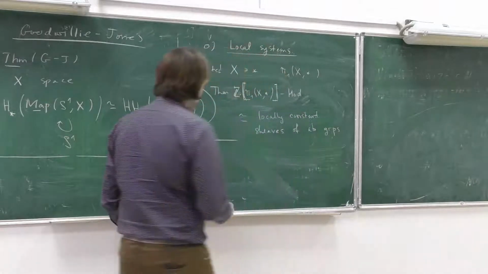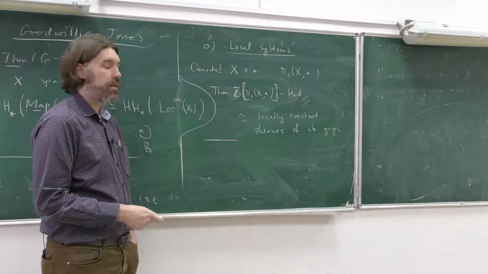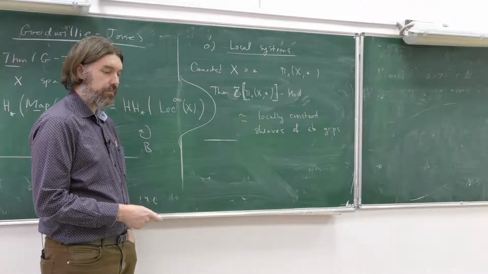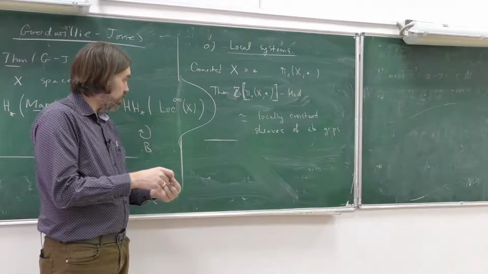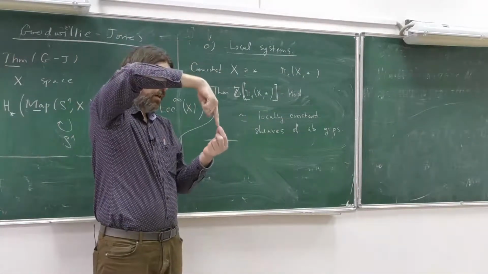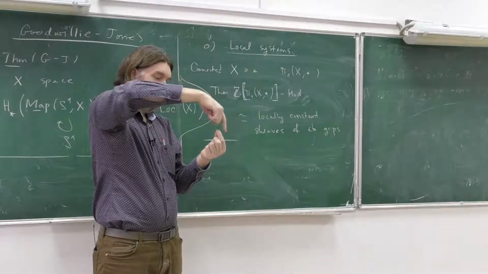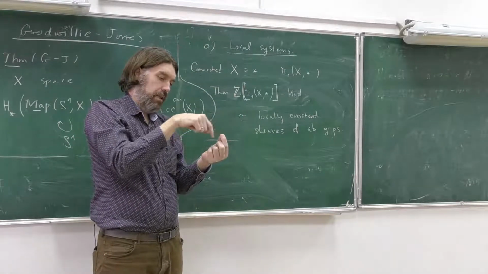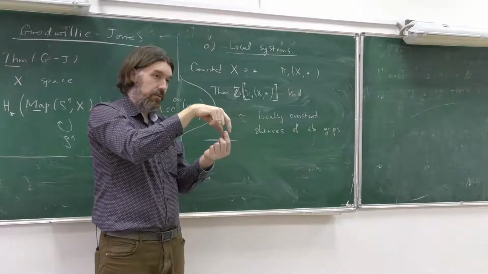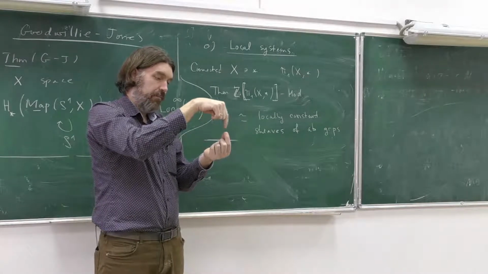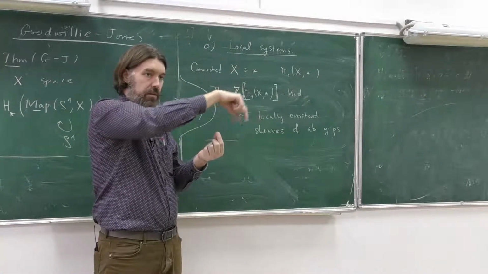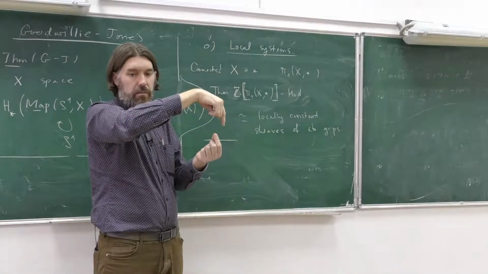Right, so this is the equivalence, and how does it go? Given a locally constant sheaf, I take the stalk at a point, so that gives me some abelian group, and given a loop around a little neighborhood of the base point, I can trivialize. I can make the sheaf constant, so I can transport a vector from that fiber to a nearby fiber, and then I start trivializing it on neighborhoods of points along the path, and as I come back, I don't necessarily come back to where I started.